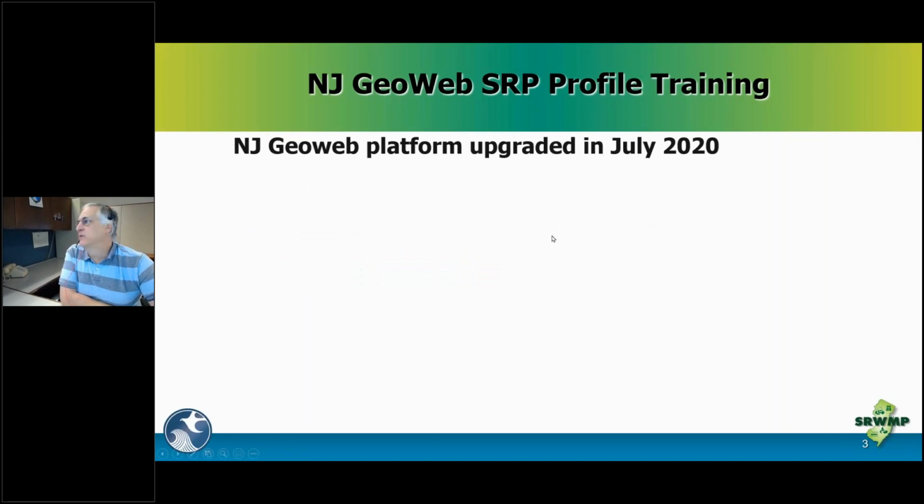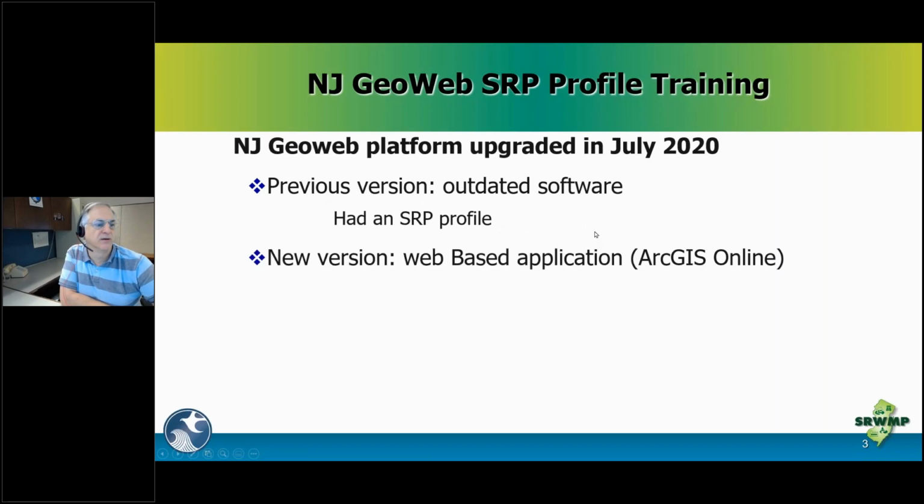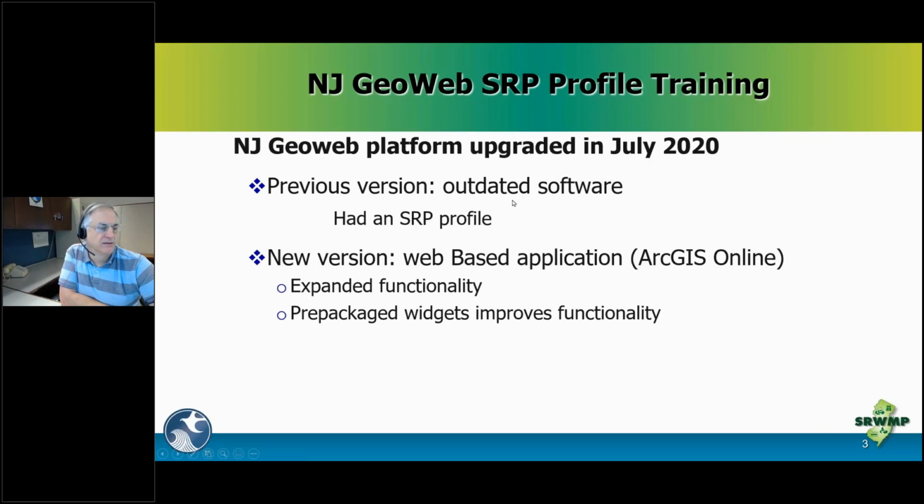The DEP upgraded its platform in July 2020. The previous version did have an SRP profile, but it was outdated software. So the new version that we're going to use now is a web-based application. It uses ArcGIS Online, and in that it has expanded functionality.